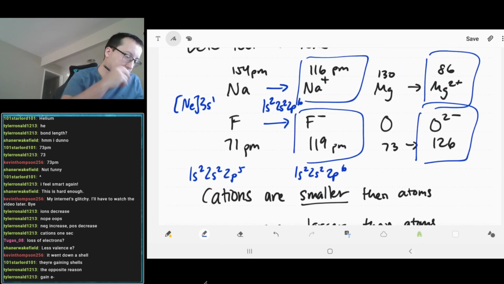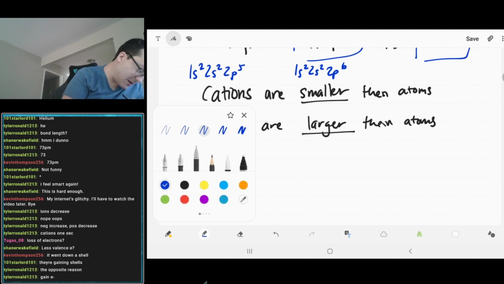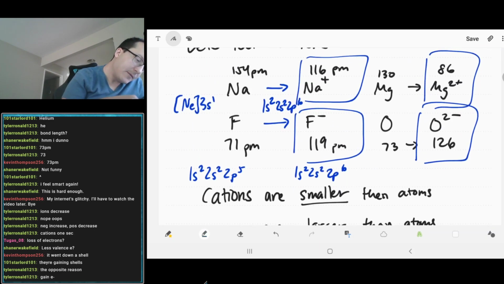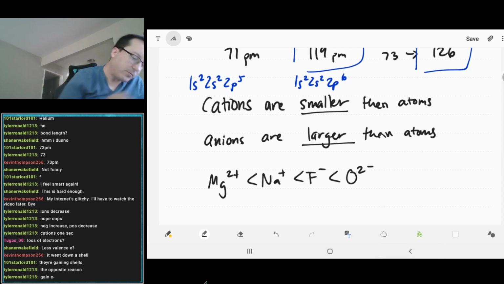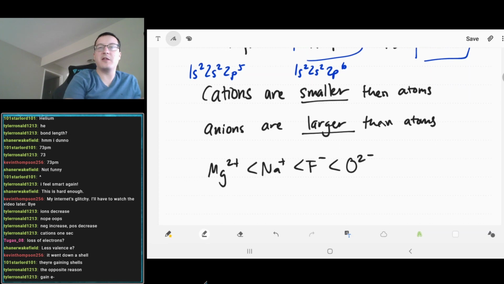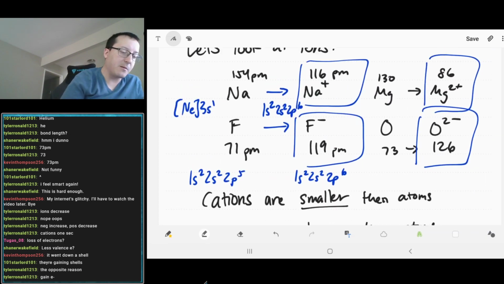So notice, if I draw these, let me see here. Magnesium is smaller than sodium, which was smaller than fluorine, which is smaller than oxygen. Those are just from the numbers we have here.